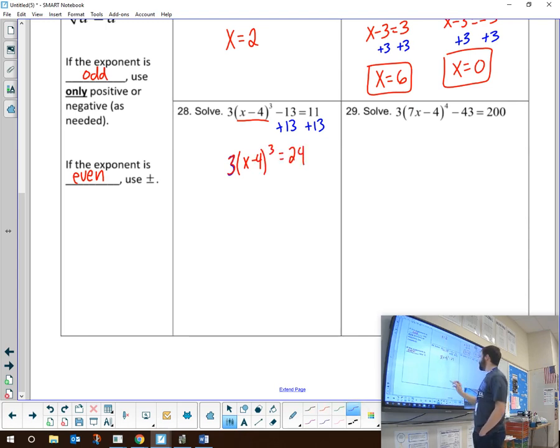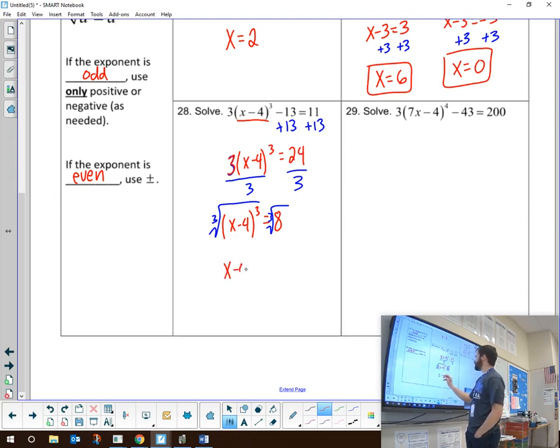Then I need to divide both sides by 3. We're going to get x minus 4 cubed equals 24 divided by 3 is 8. Then we're going to take the cubed root of this side and the cubed root of this side, and I'm going to get x minus 4, because these will cancel, equals the cubed root of 8 is 2.